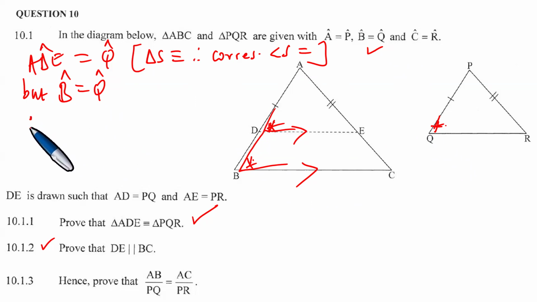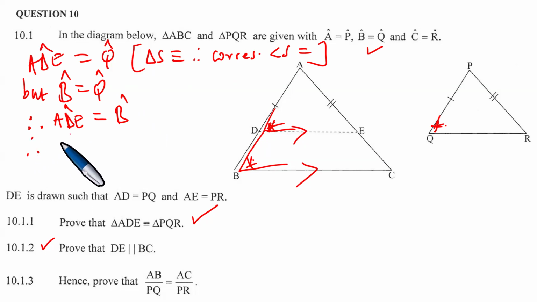And therefore, the conclusion is that ADE is angle Q, and angle B is also angle Q. So two angles are Q. Therefore, angle ADE is equal to angle B.